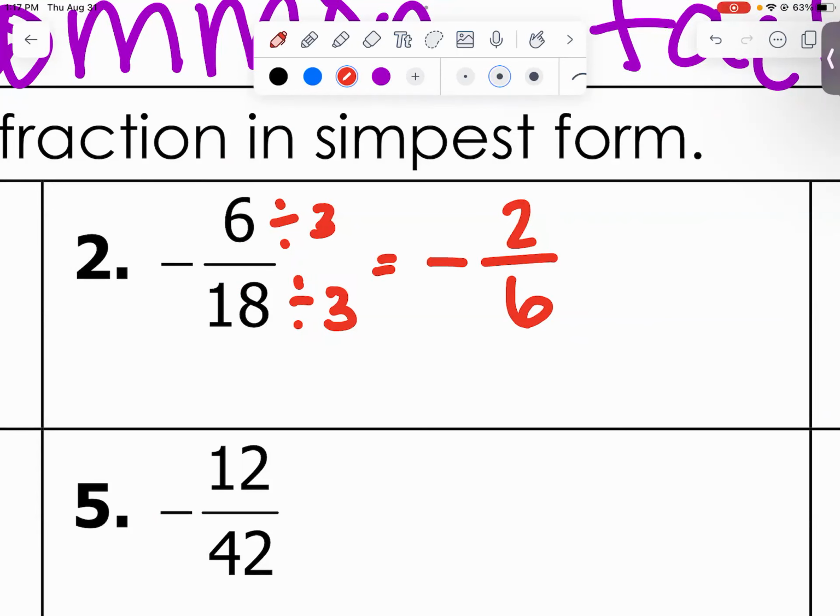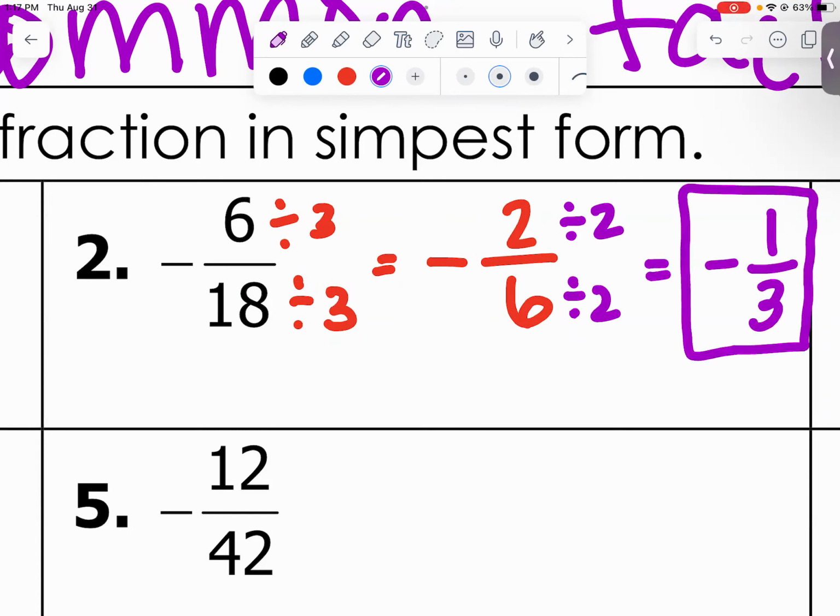Now, is 2/6 simple? No. Okay. So if you happen to not get the greatest common factor out, that's okay. You're just going to have to do this again. So 2 and 6 can both be divided by 2 so that our answer is -1/3.